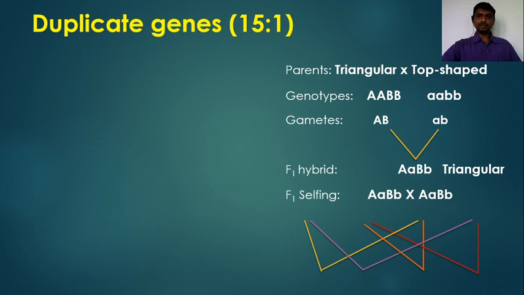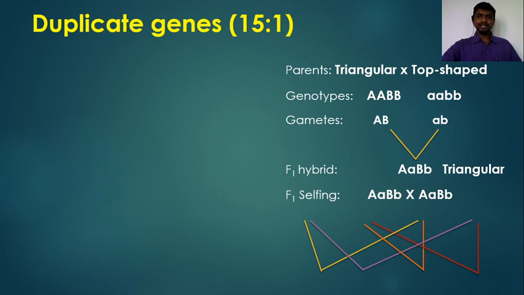Now, the gametes produced by these parents: the triangular parent produces gametes of capital AB, and the other parent produces gametes of small ab. When these gametes fuse in fertilization, they produce the F1 hybrid with the genotype capital A, small a, capital B, small b, and the phenotype is triangular.